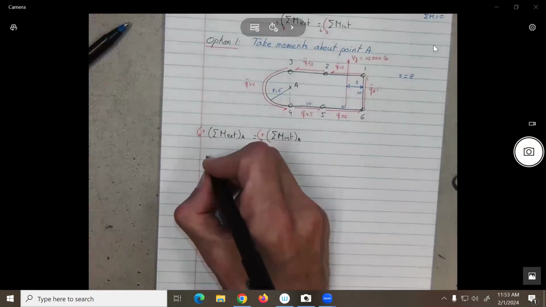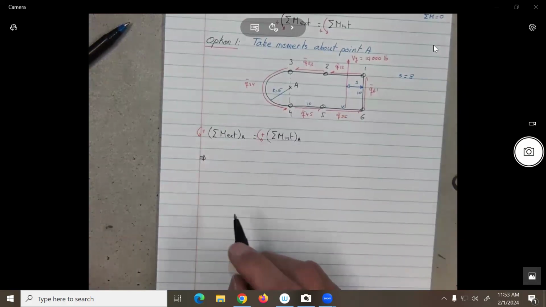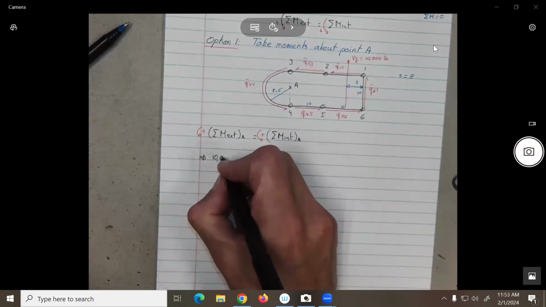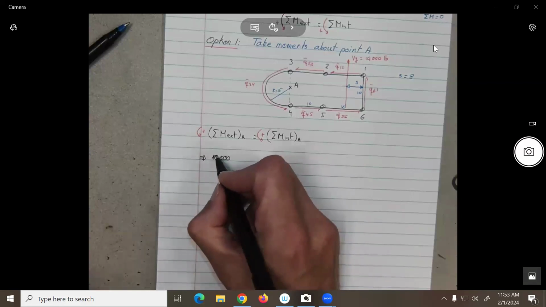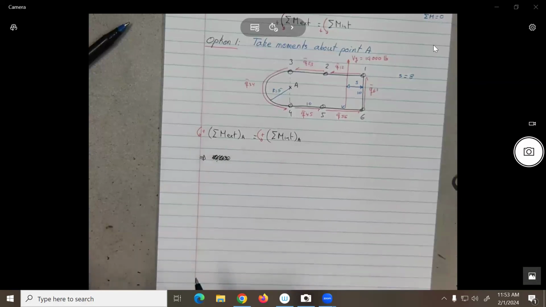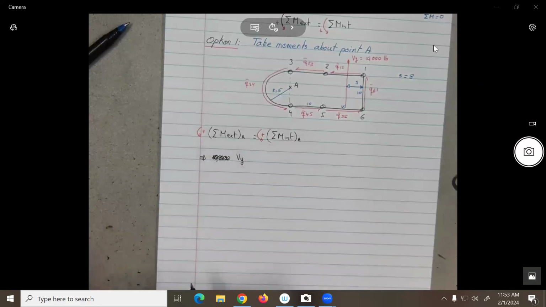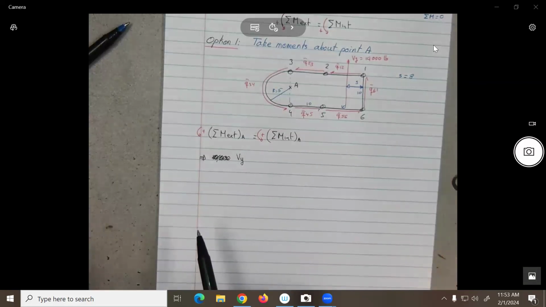What is the moment created by the external force about point A? Does it do a positive or negative moment? So maybe let me do it symbolically, and then we'll put values. So let's say this is Vy. I think it will be easier. So will this moment create what? Clockwise or counterclockwise about point A? Counterclockwise, so that is positive, no?